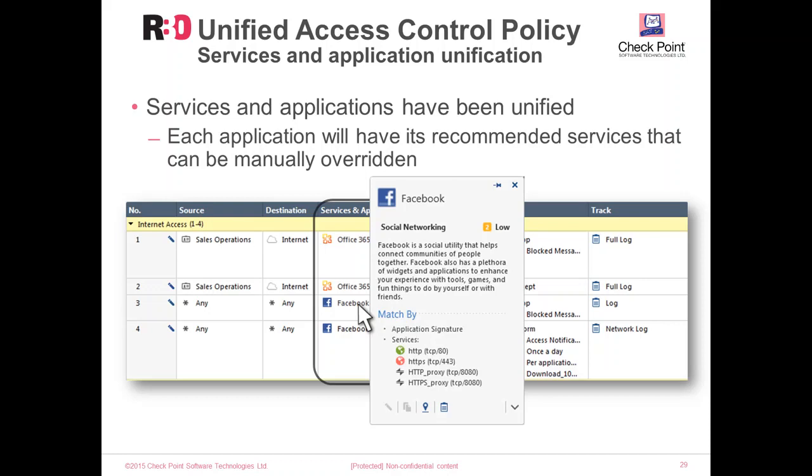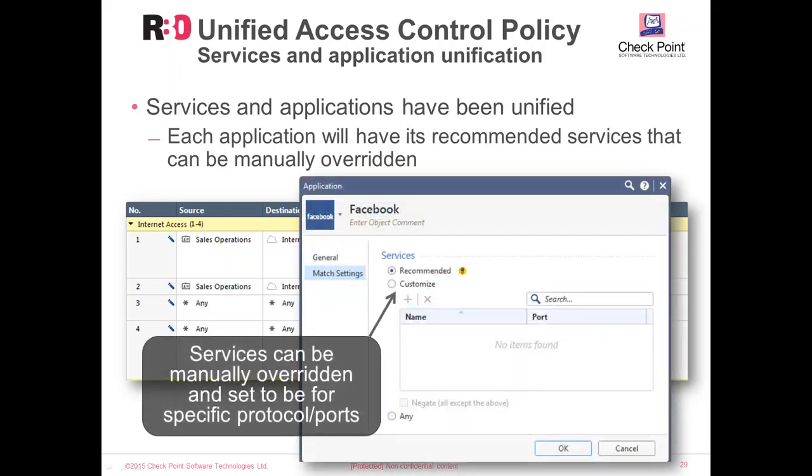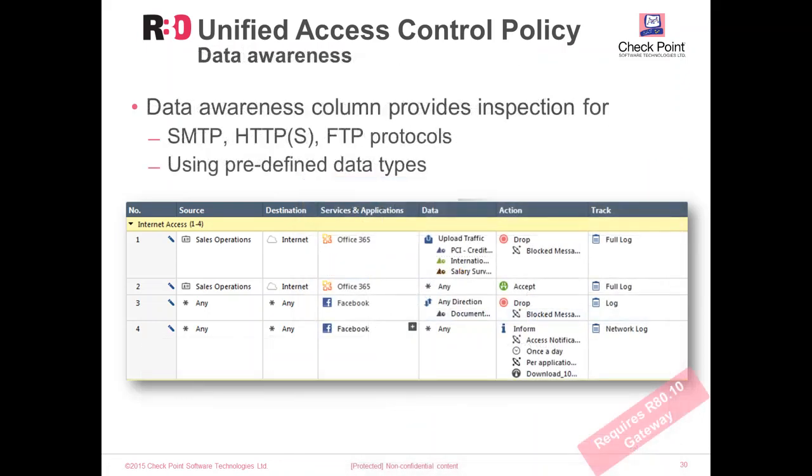So each application will have its own recommended services that can be manually overridden if needed. In order to see the different services that this application has been unified with, you can easily see that by holding the mouse over the application object, and you can change it by right-clicking on the object, pressing Edit Object, and then selecting Match Settings to customize to your own services that you want this application to be delivered over.